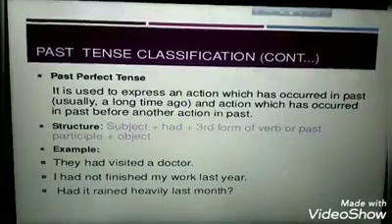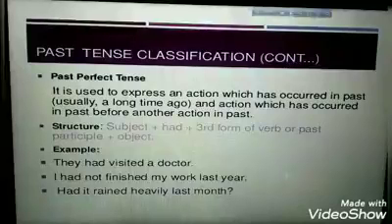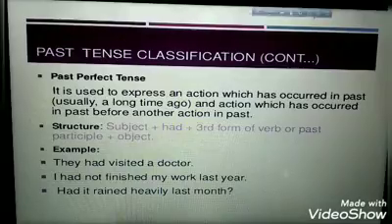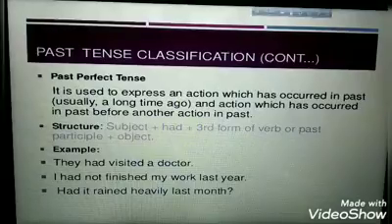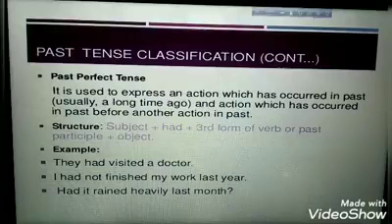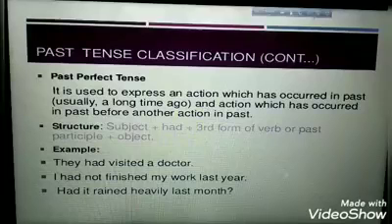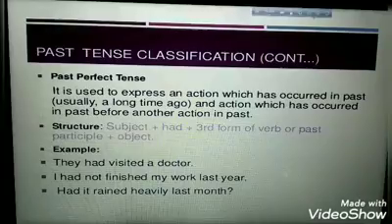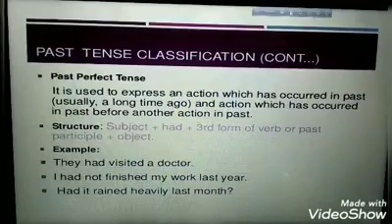Past perfect tense. It is used to express an action which has occurred in the past, usually a long time ago, and an action which has occurred in the past before another action in the past. Okay? So here is the structure of past perfect tense.